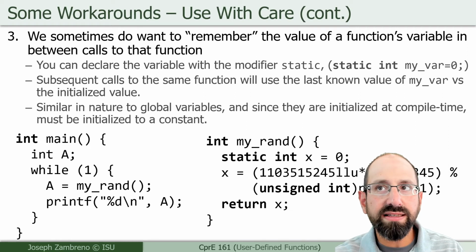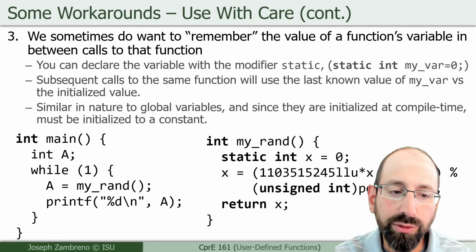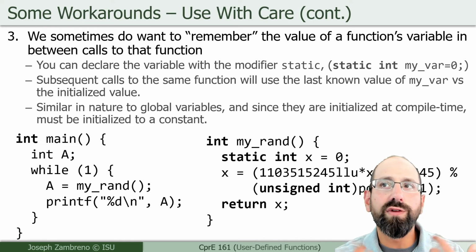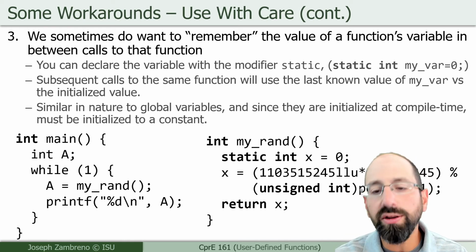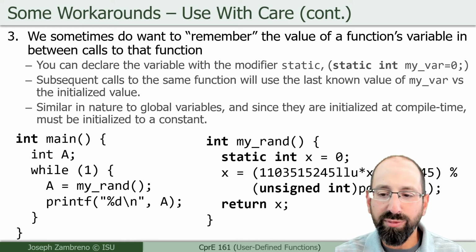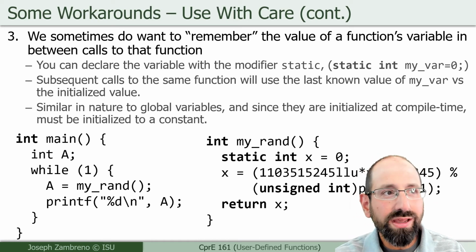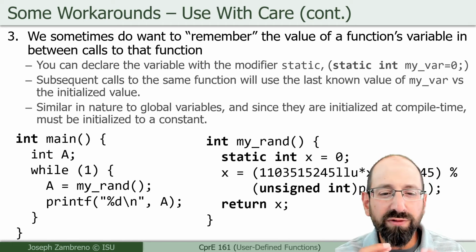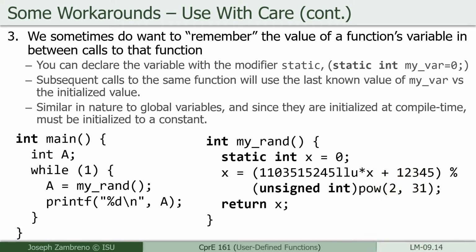Sometimes, and this is definitely, I would say, a less invalid approach, we may want the function to actually remember the value of a function's variable in between calls to that function. From an implementation perspective, that is roughly the same as having a global variable, but from a code readability perspective, I would say it's a little bit different because we're declaring our intentions a lot more clearly.